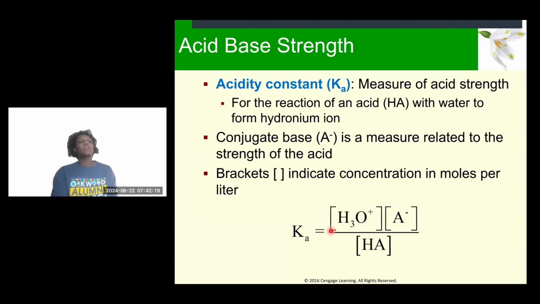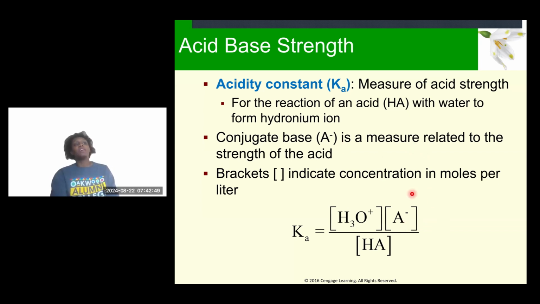So Ka equals the concentration of the hydronium ion times the concentration of the conjugate base, so that's A minus as a conjugate base, over the concentration of the original acid, okay? And so this here represents the Ka, the acidity constant.